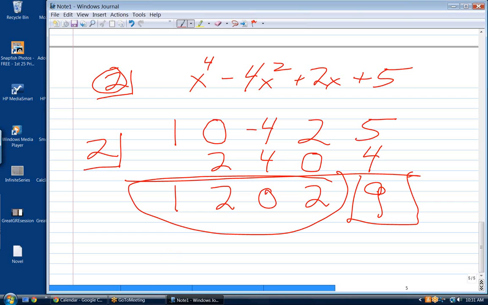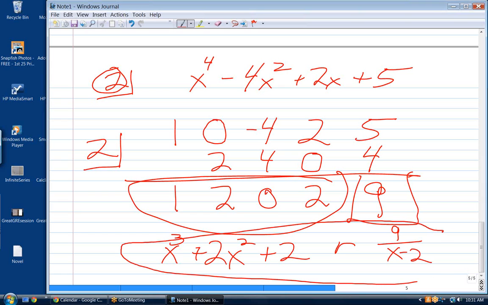So the answer would be x cubed plus 2x squared, no x term, plus 2 with a remainder of 9 divided by x minus 2. So there is your answer to that question.